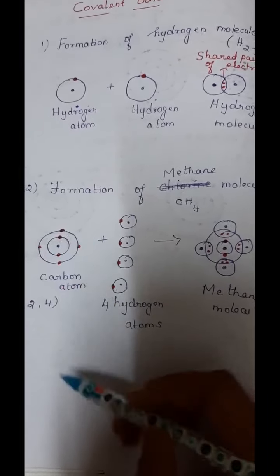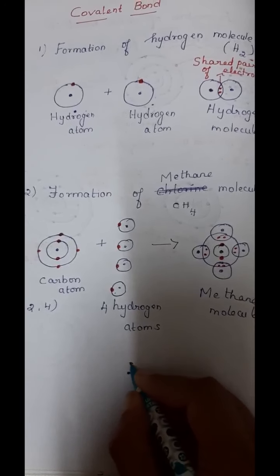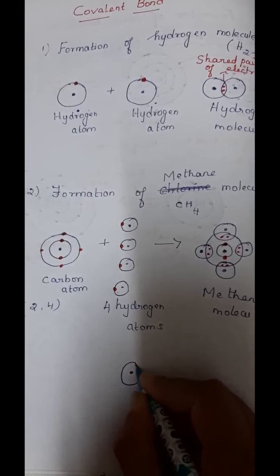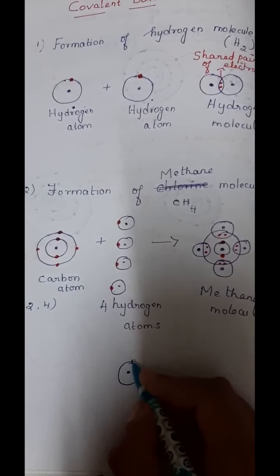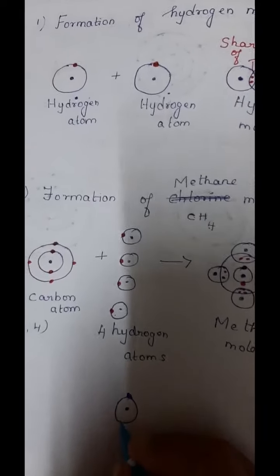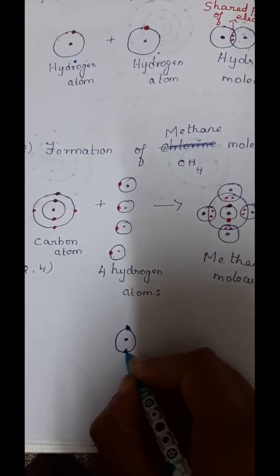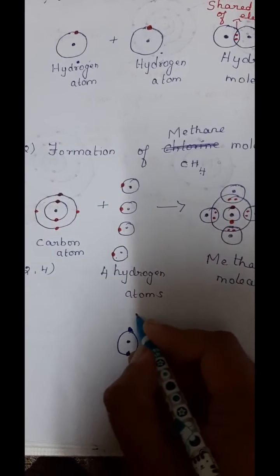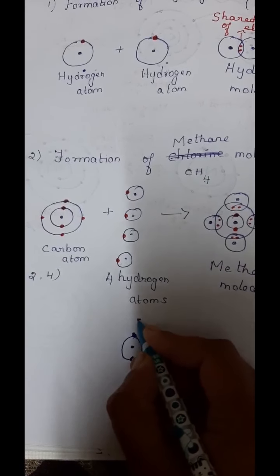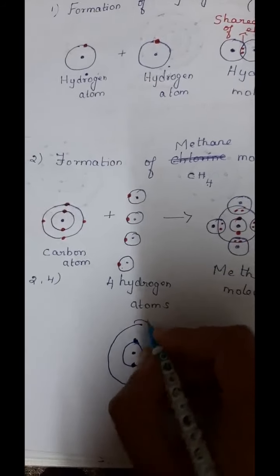I'll just draw and show you once again. So this is your nucleus and this carbon atom has 2 shells, one and the next one. In the next shell, carbon has 4 electrons.